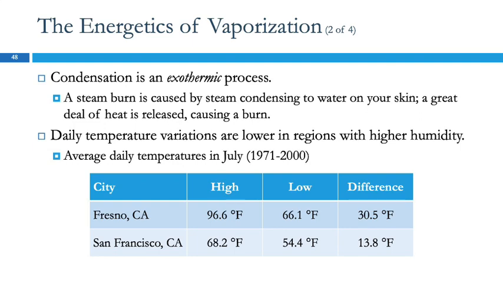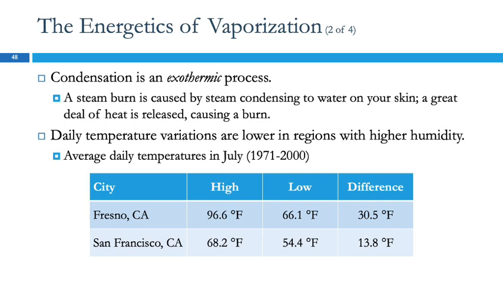Water. San Francisco is surrounded on three sides by water, the ocean and the San Francisco Bay. Here in Fresno, normally we don't have a lot of water, right? Right now our rivers are flooding all over the place, but that's another thing. So we don't have any large bodies of water. We also don't have much humidity in the air.